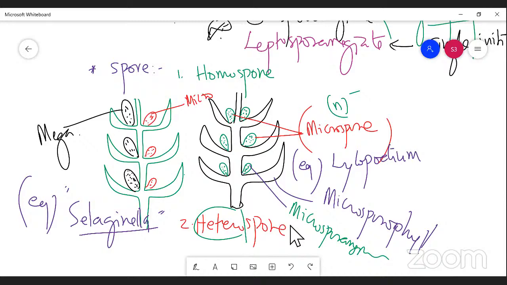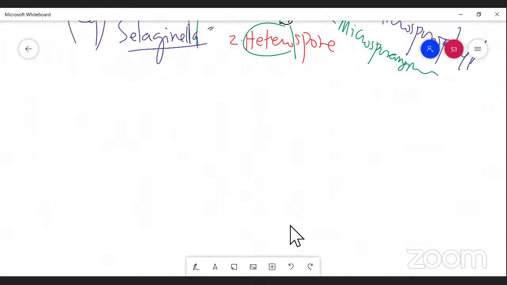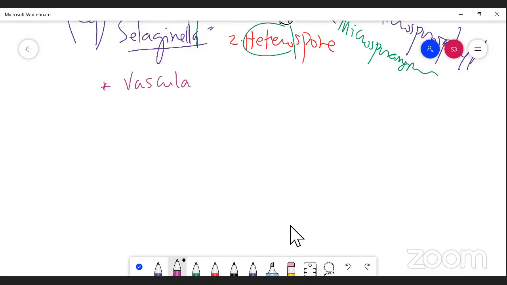Heterospore. Okay. Next we pass on to the type of vascular tissue. As I said, vascular tissue is a food conducting tissue, in which tracheids are the water conducting tissue.